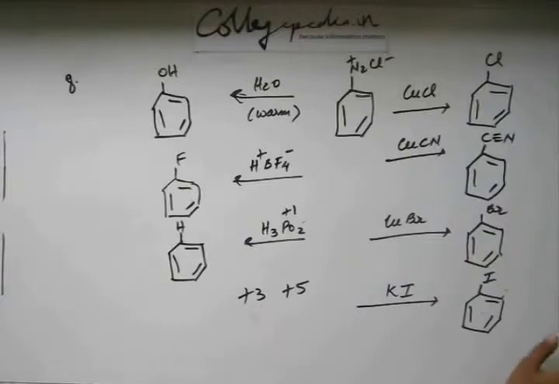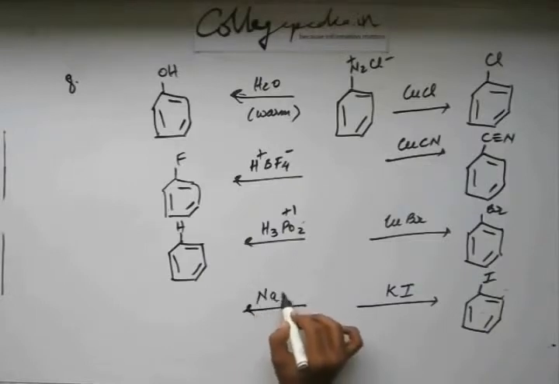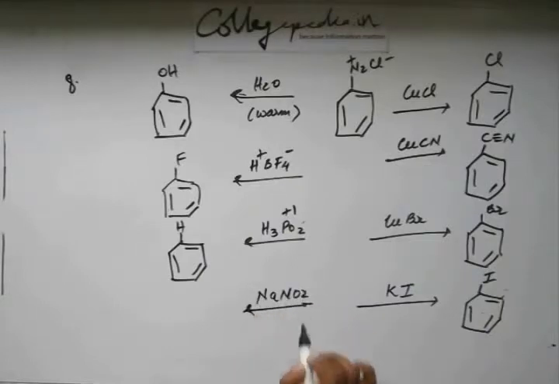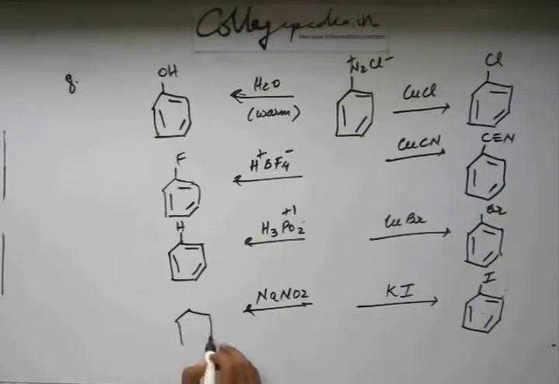So that's the purpose of adding hypophosphorus acid. One more thing, if you just add sodium nitrite, this is going to turn into nitrobenzene, like this. So these are the basic 8 reactions that you have to study concerning this diazonium salt.